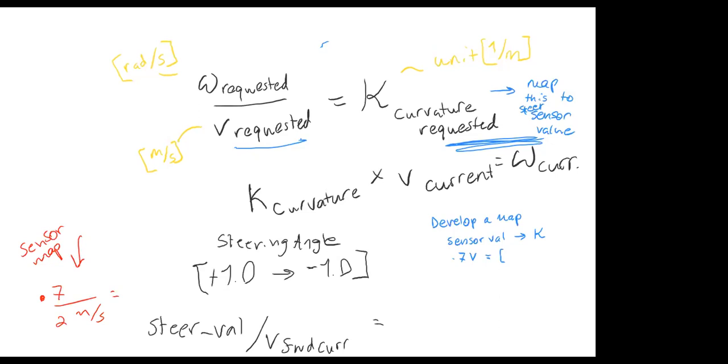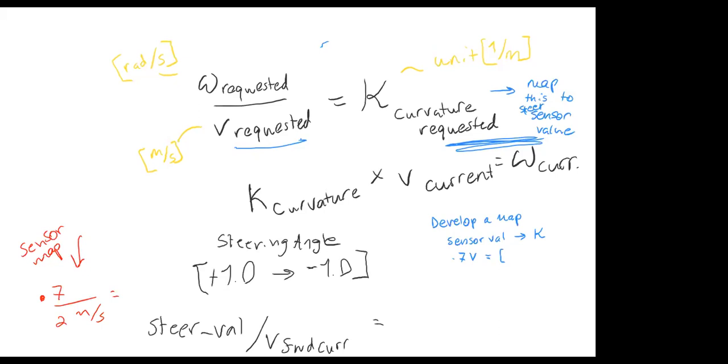Now you get a cmd_vel message, and it says, turn at this rate and go forward at this speed. So all you have to do now is take that rate of turn divided by the commanded forward velocity, and you're going to get back a curvature.